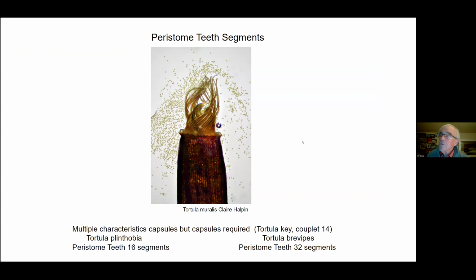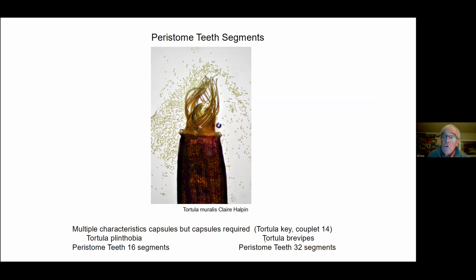And then the third example of peristome teeth that I found to separate species is how many teeth segments there are.